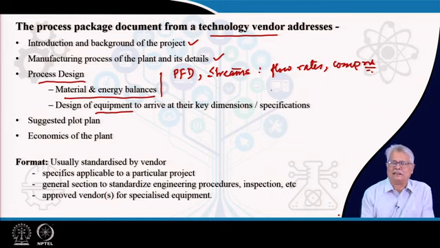Quite naturally, the detailed engineering must have sufficient information to start with: the project description. Then, if it is a big plant, block flow diagrams, and all these we have discussed right at the beginning when we talked about various documents involved in design.